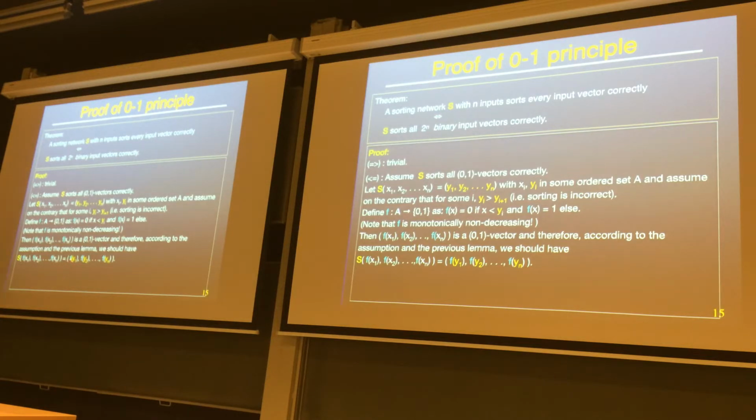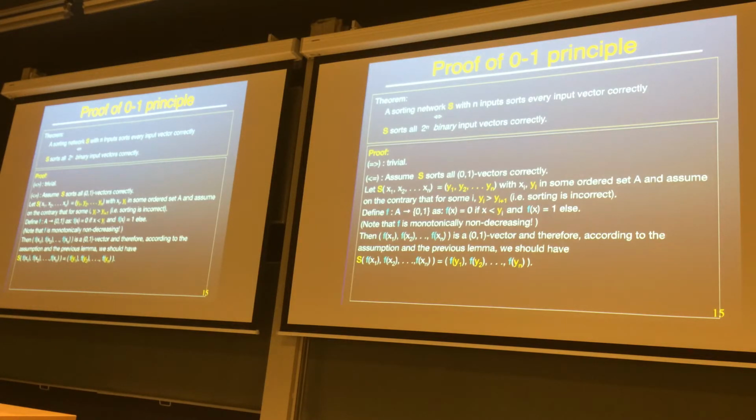So we should have f(y_I1) is less than or equal to f(y_I2), less than or equal to f(y_In). In other words, this should be either a vector consisting entirely of ones, or one that starts with a number of zeros and then finally ones. Then we have a sorted variant.